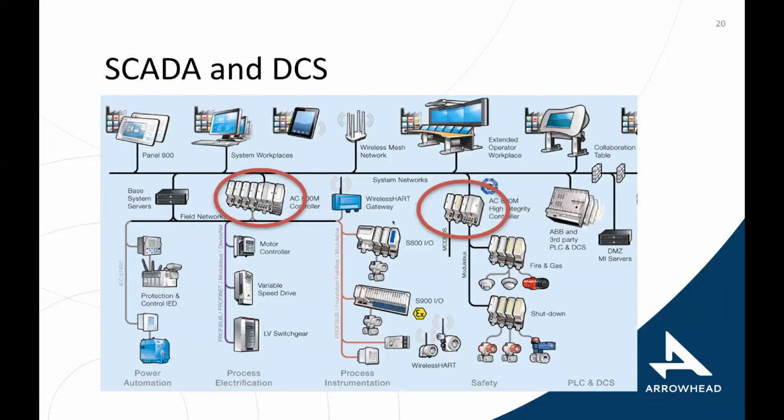And normally it ends up with big figures like this, where we have the control of a lot of things with sensors and actuators at the bottom of the picture. We have these DCS systems in the middle, the red circles. We have PLCs in between here, between the SCADA, DCS and the sensors.